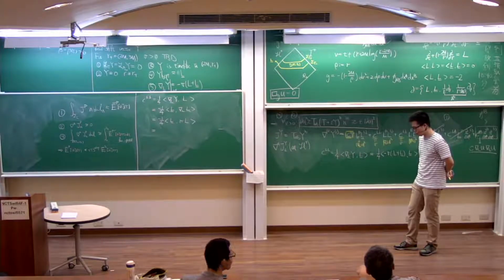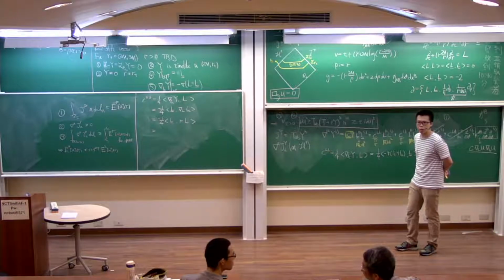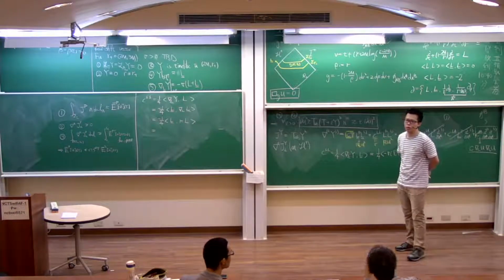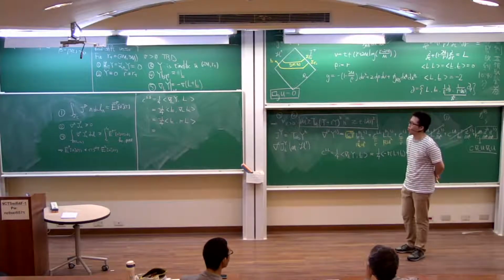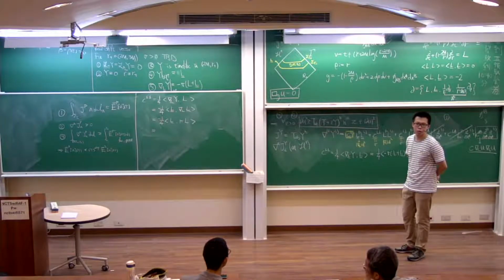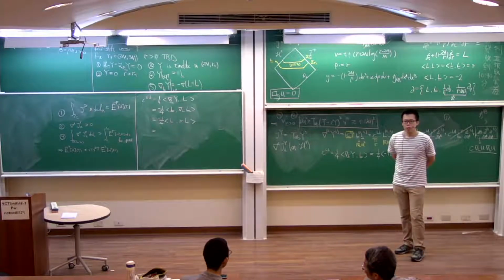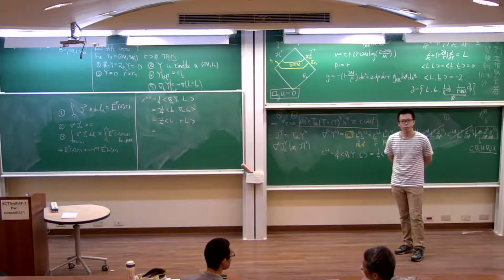So the gradient square of the static potential is the defining equation for the horizon.